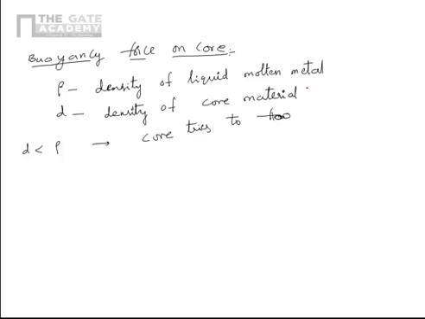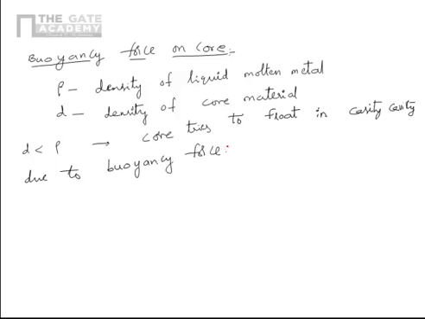It is like throwing rubber or plastic into water, where the water density is higher than the rubber, so it floats. Similarly, the density of the molten metal is higher than the density of the sand, so the core tries to float in the casting cavity due to the buoyancy force. Buoyancy force is nothing but uplifting force.